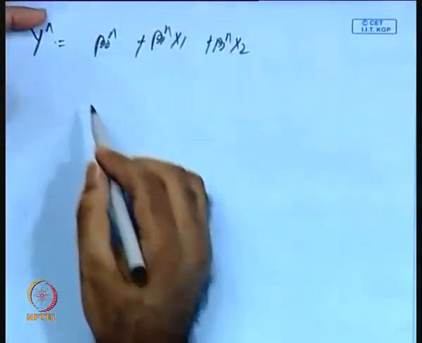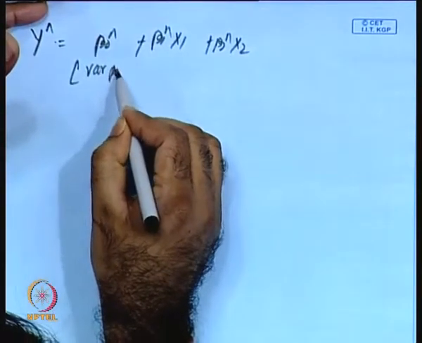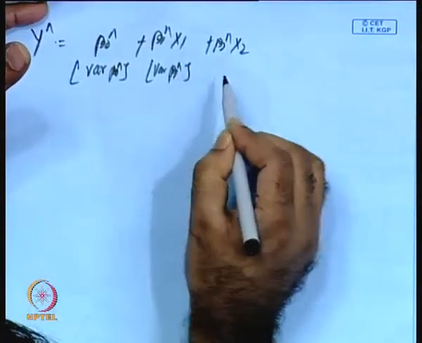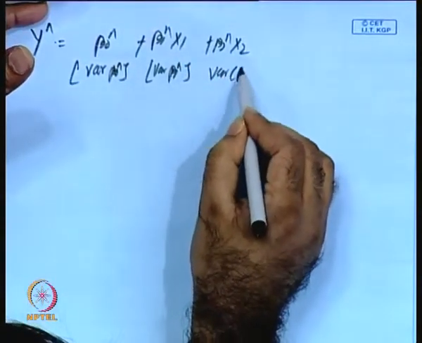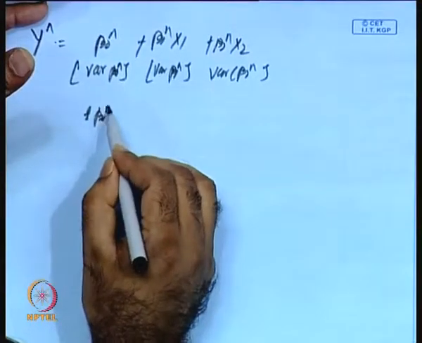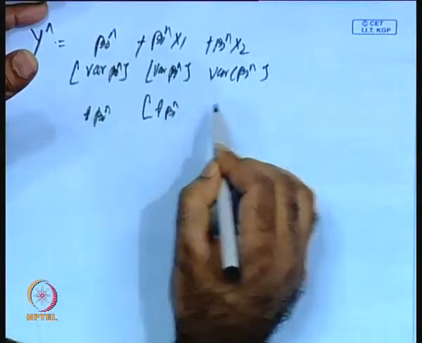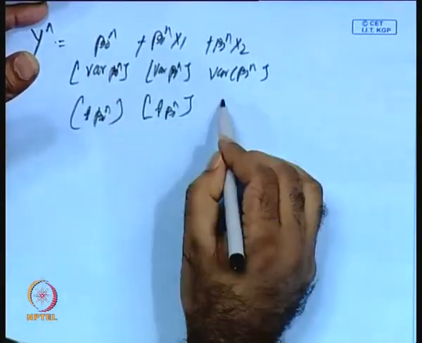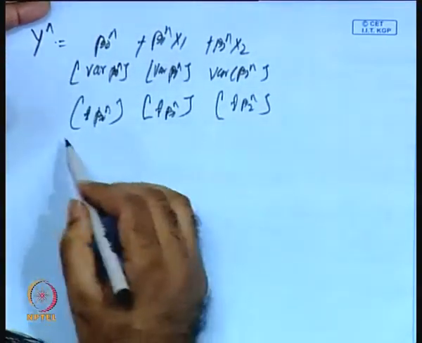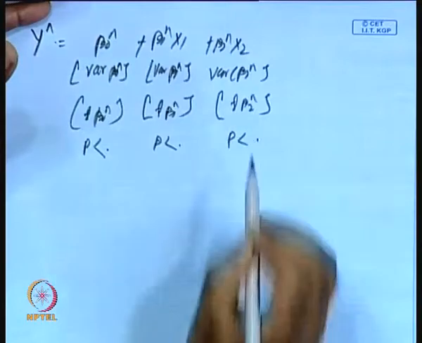Then the variance of beta 0 head, variance of beta 1 head, variance of beta 2 head, followed by t of beta 0 head. I am skipping the standard error component. Then t of beta 1 head, t of beta 2 head, followed by the probability level of significance for each.